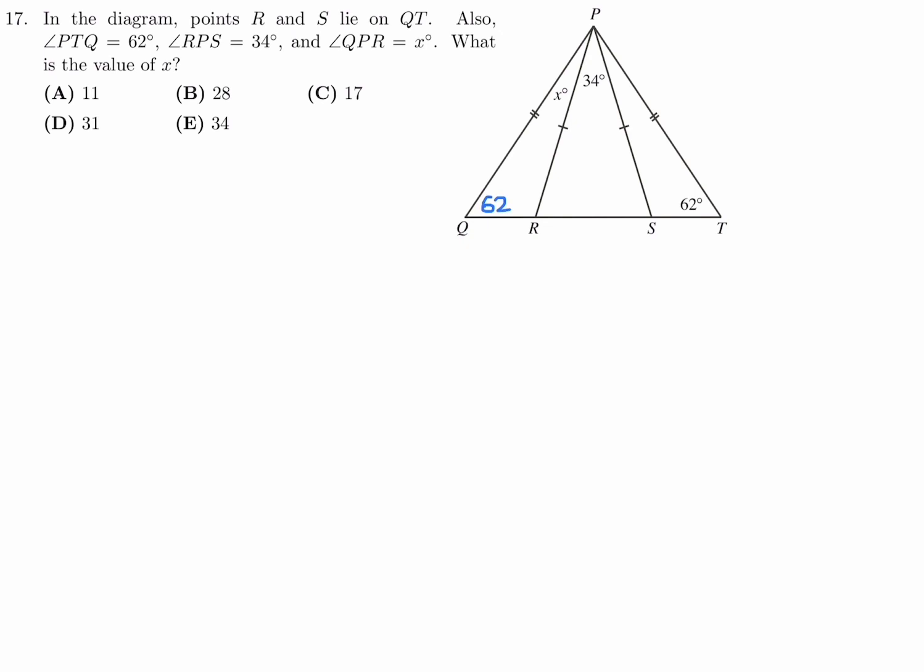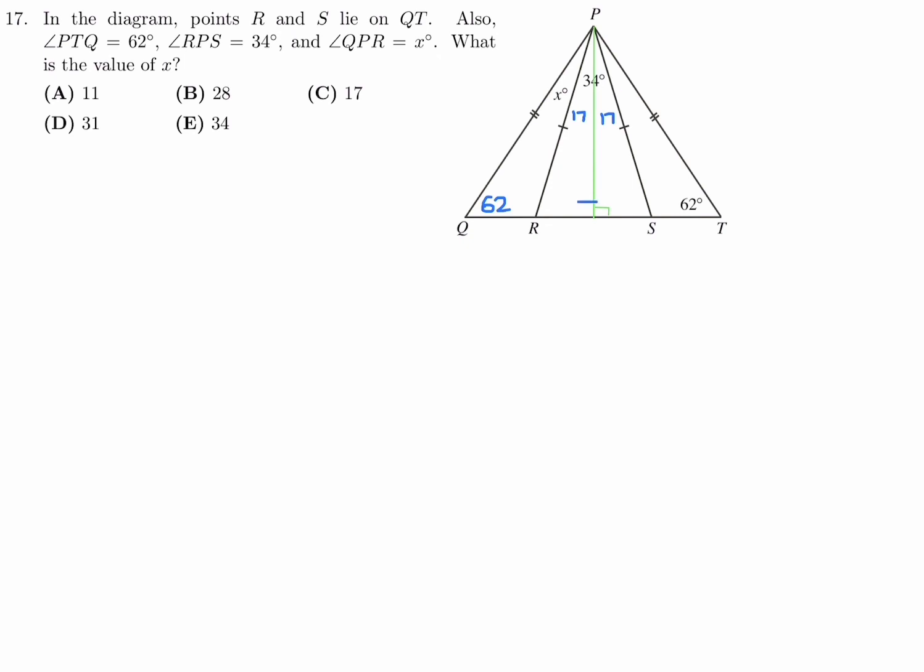Then what we can do is chop the triangle down the middle like this from P down here. Make that a right angle. So if that happens, then what you've done basically is you've cut this angle in half. So if it was 34 before, then we get 17 and 17 for this angle and this angle.